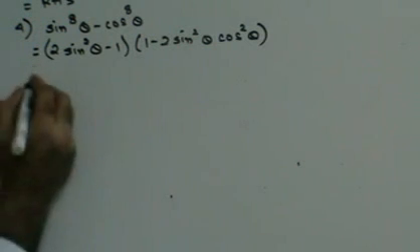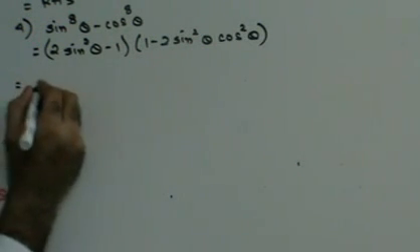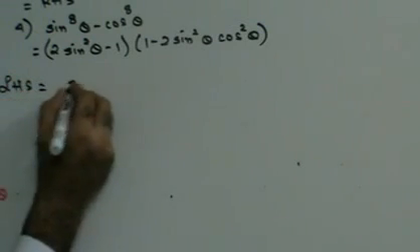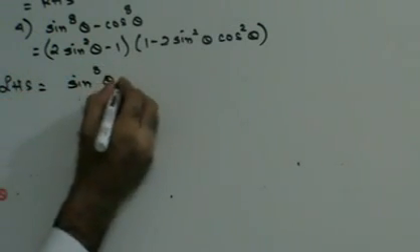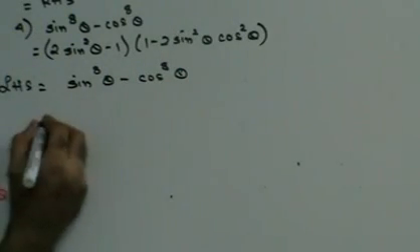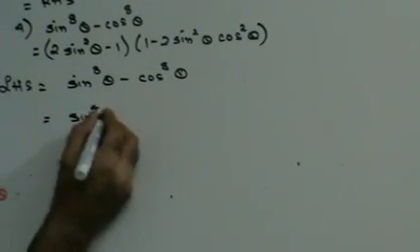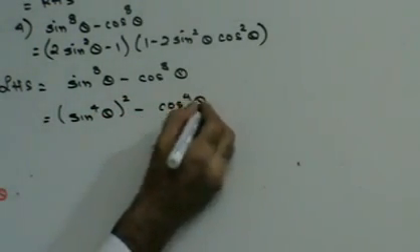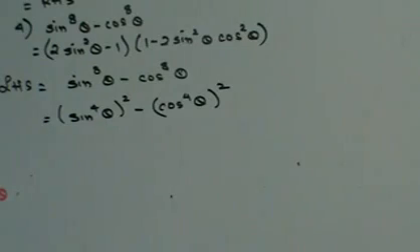Now, LHS is sin raised to 8 theta minus cos raised to 8 theta. This can be written as sin raised to 4 theta the whole square minus cos raised to 4 theta the whole square.